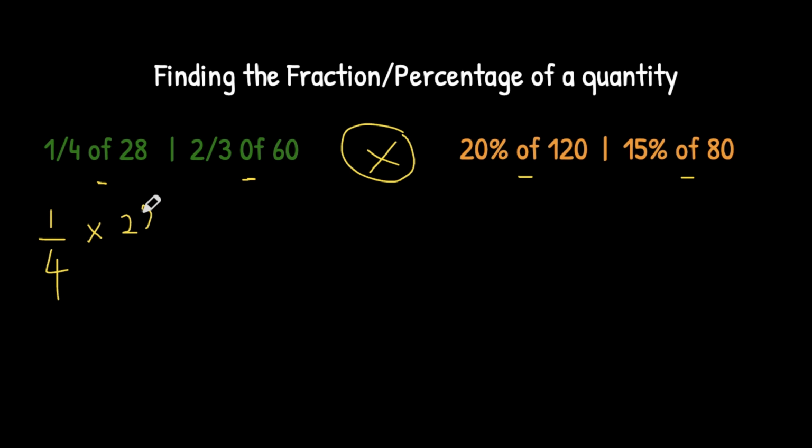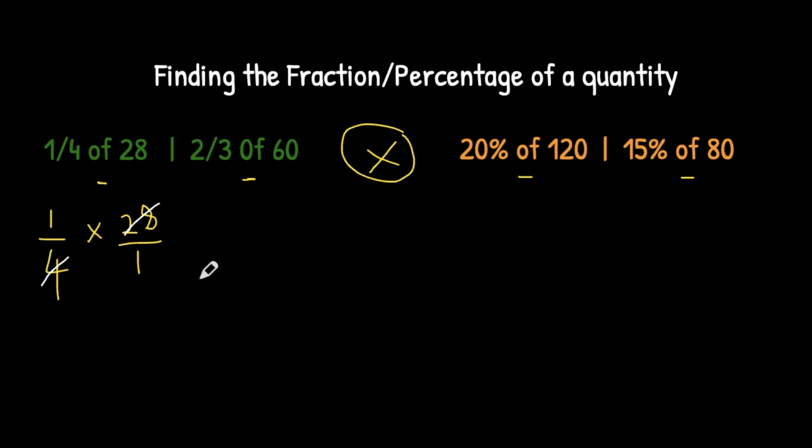Whenever a 28 is by itself, you can give it a denominator, which is always 1, because 1 goes into 28 times. But this just gives an easier way to calculate, especially as you'll see when we go further. So now the first step you're going to ask yourself is, how many times does this 4 go into 28?